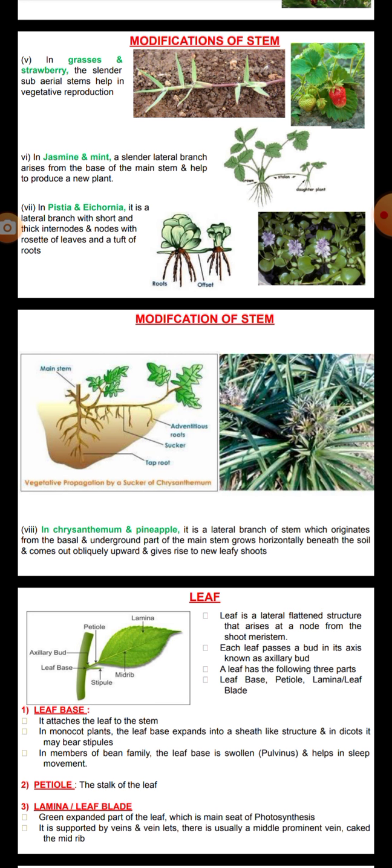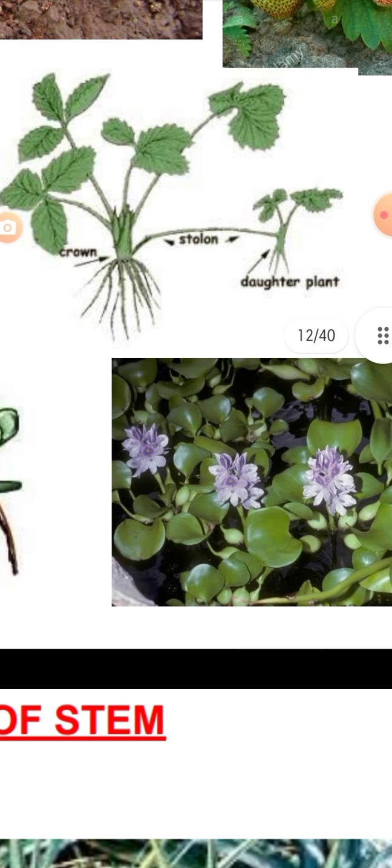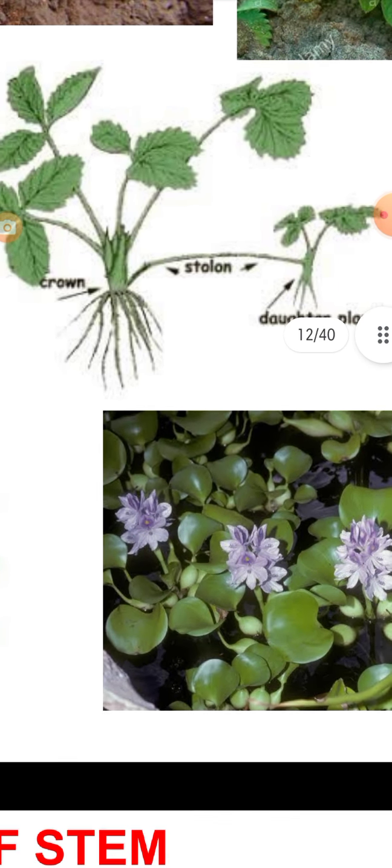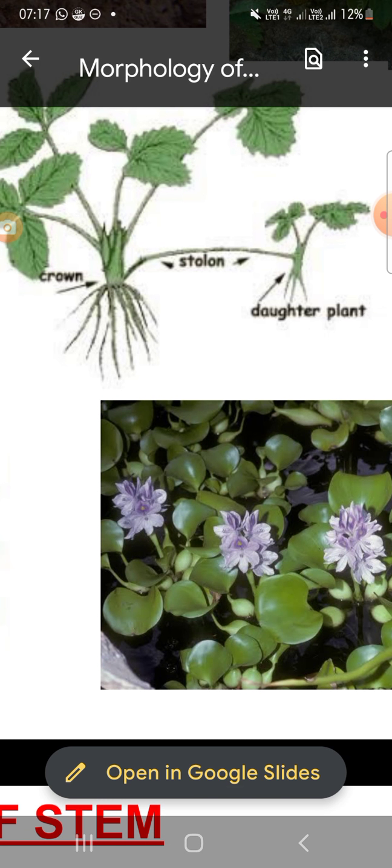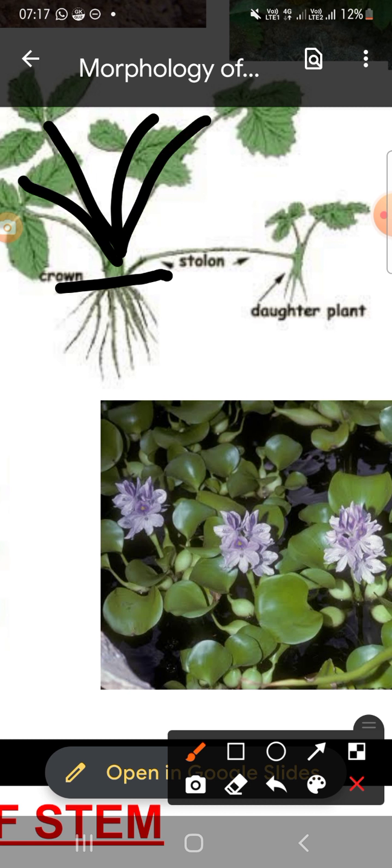Next, when we look into jasmine and mint plants, a slender lateral branch will arise from the base of the stem. If you concentrate here, this is the ground and these are the aerial stems.